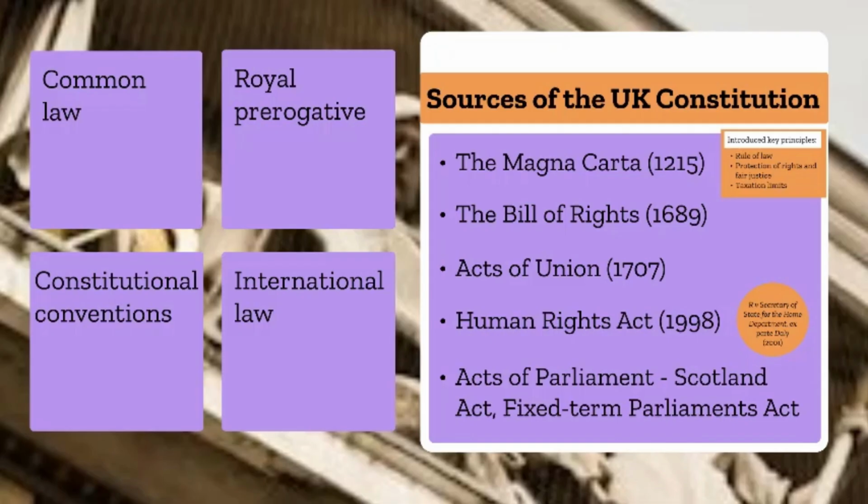And key examples of this include the Scotland Act, which created the Scottish Parliament, which shared power with the UK Parliament, but it allowed for certain rules, certain laws to be set in Scotland free of Westminster. And also the Fixed Term Parliaments Acts, which set fixed terms, fixed intervals for general elections.